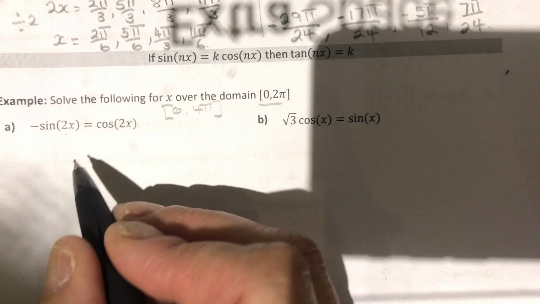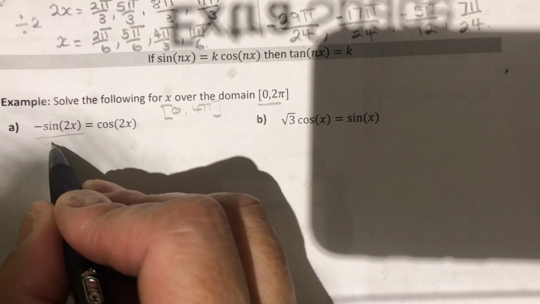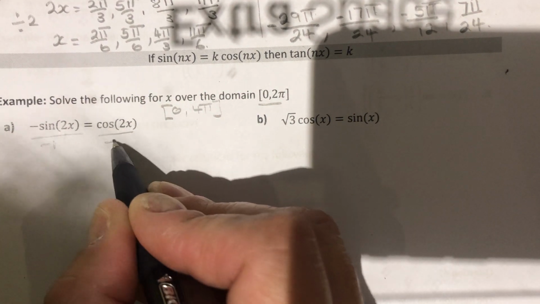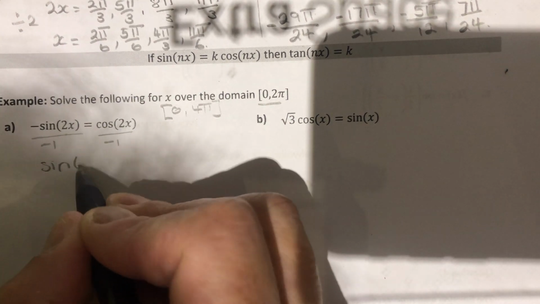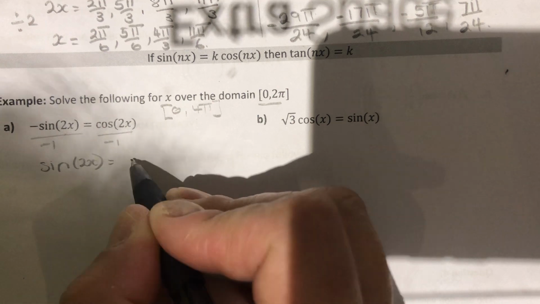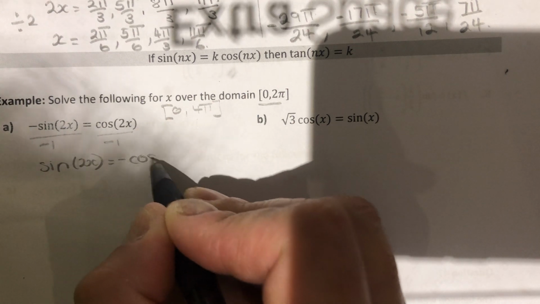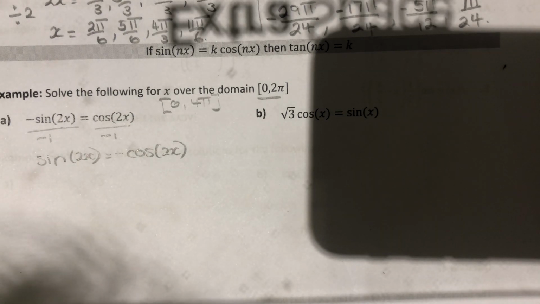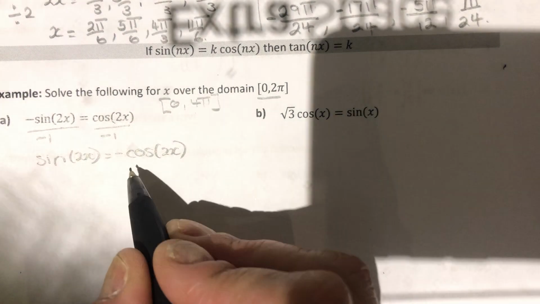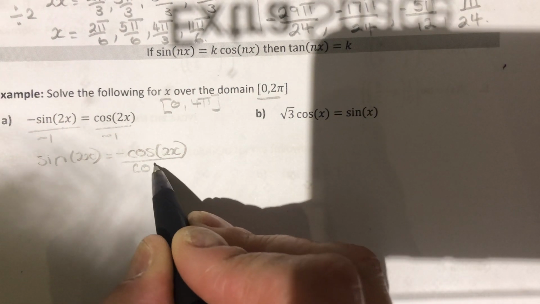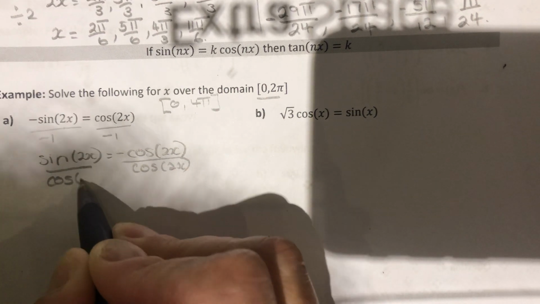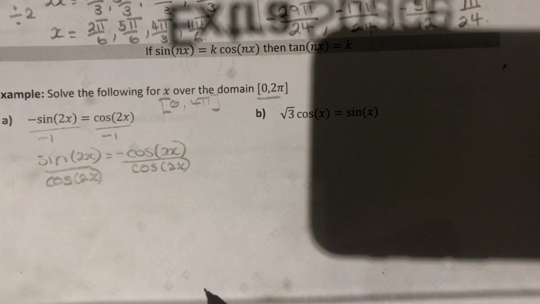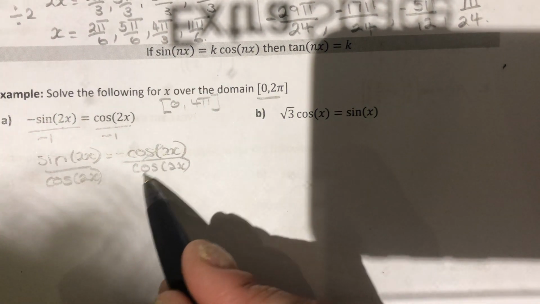All right, so first thing I'm going to do is divide both sides by -1. So at the beginning, you're going to manipulate what you've got, and you should be noticing that if you have this information that it might condense to a tan somewhere. Okay, so now I'm going to divide both sides by cos 2x. Now, you've done some of these when you've manipulated and they've ended up being tan, but you're going to have to start recognising what they look like.